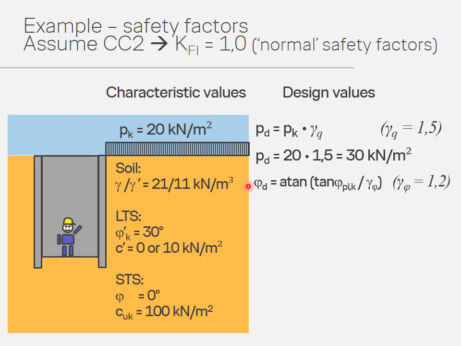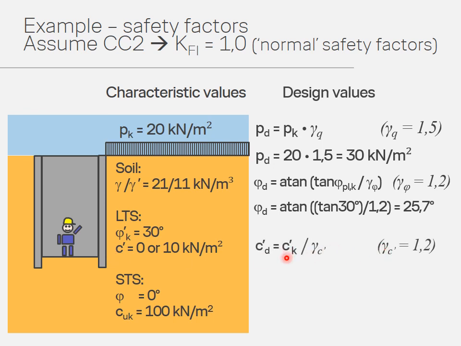For the friction angle, we take the tangent value of the characteristic friction angle, and then we divide it by gamma phi, which is 1.2, and then we take the arctangent of that figure, giving us a design friction angle of 25.7 degrees.